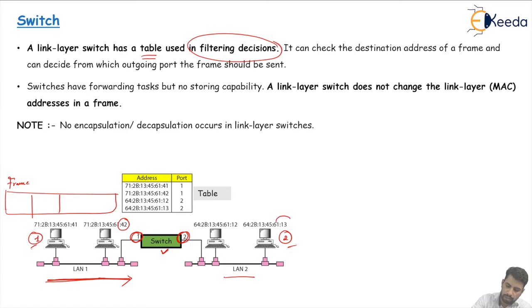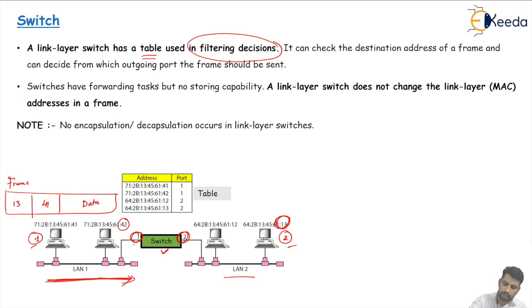I am taking only the last part of the MAC address. For example, the destination is 13 and the sender is 41, and here is the data. The frame is sent. First of all, the machines in the LAN receive that message, and if the destination address of the frame does not match, they all discard the message.